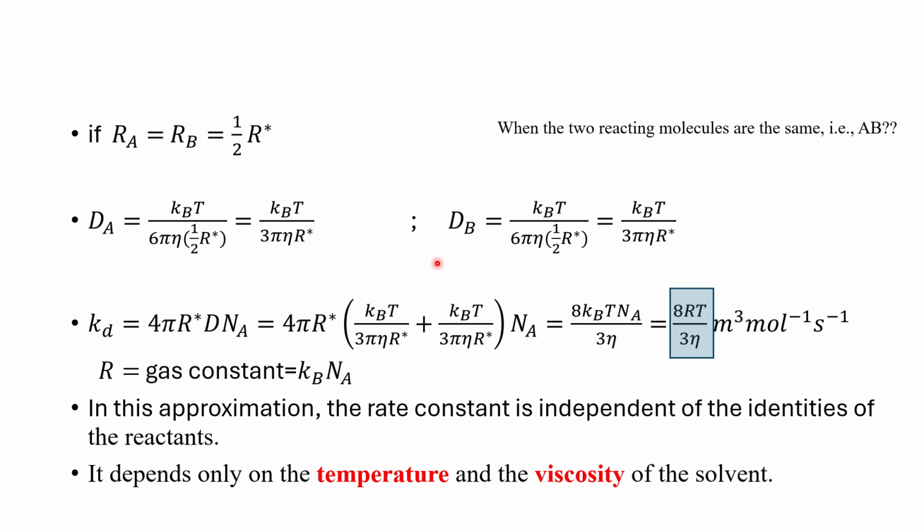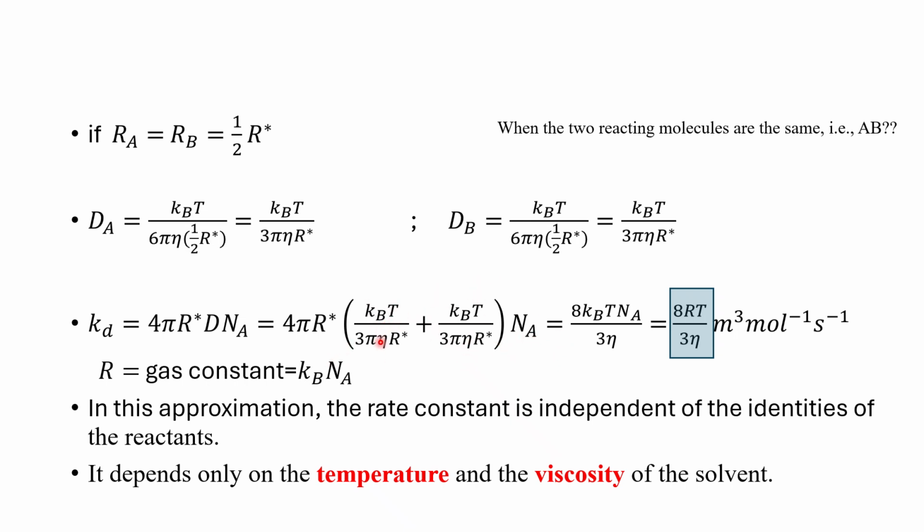Similarly for reactant B, we can also quantify the diffusion coefficient using the same method. After that, we substitute the diffusion coefficients for reactants A and B into the rate constant for diffusion, where this D here is the sum of DA and DB.